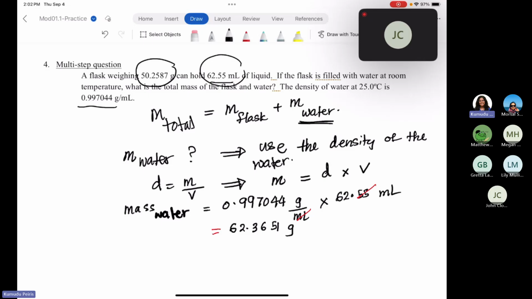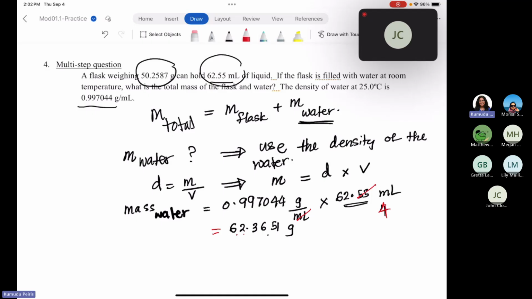This is a multiplication. How many significant figures should I have with this one? This one has four significant figures. Therefore, this is not the final answer, so I'll keep one more significant figure. This is an intermediate answer.